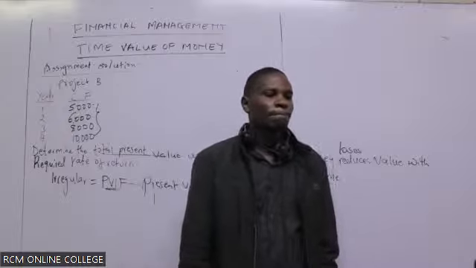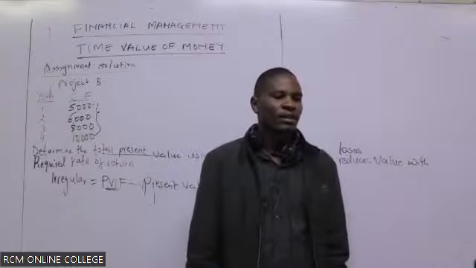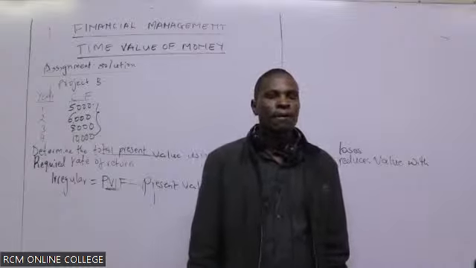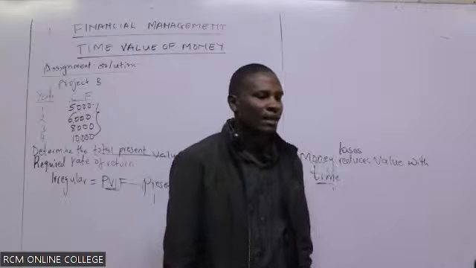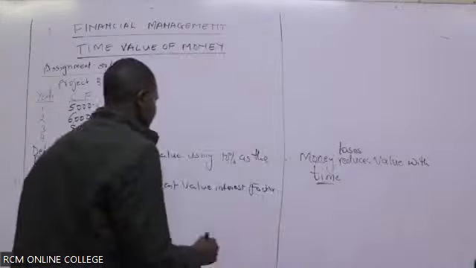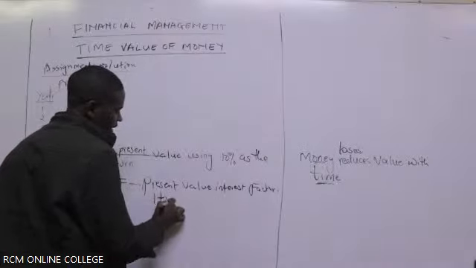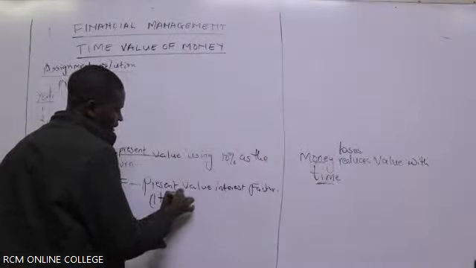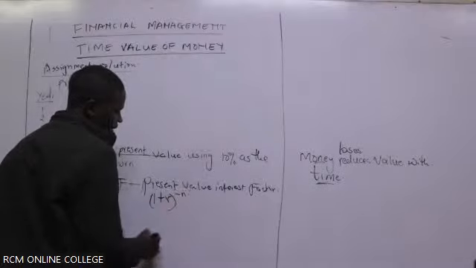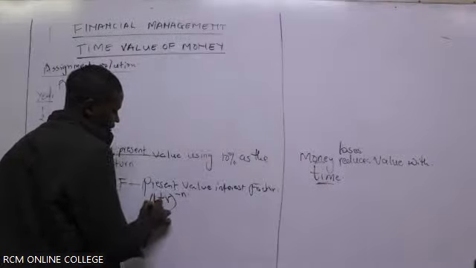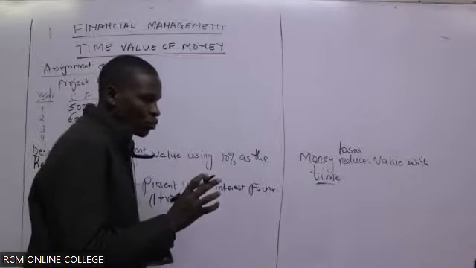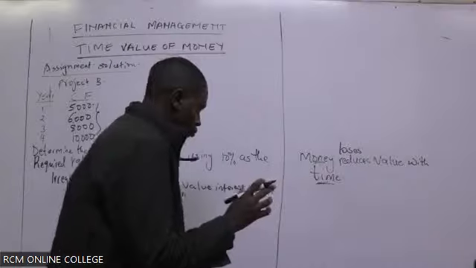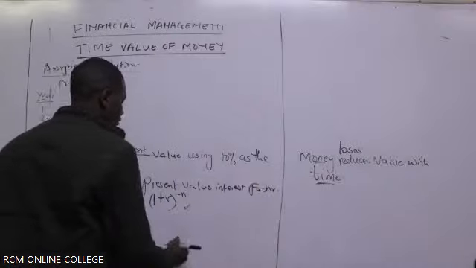We told 1 plus R raised to power negative n. Exactly. Class, this is golden, and it is good to note that this is the formula for getting the PV.